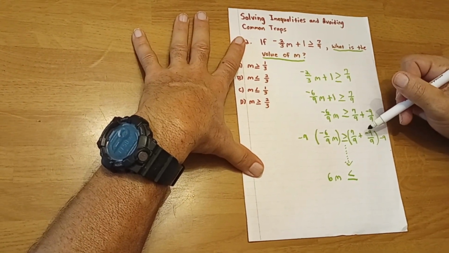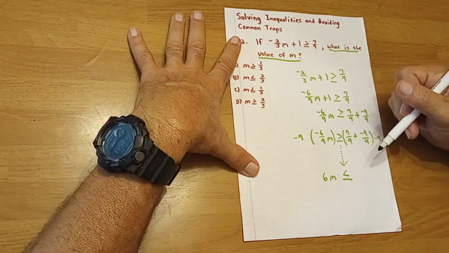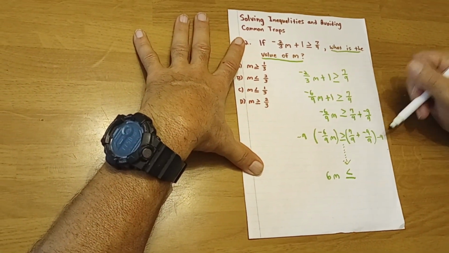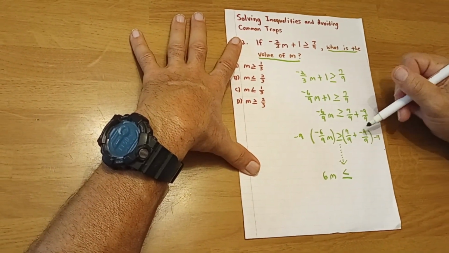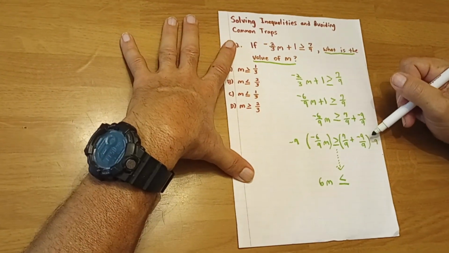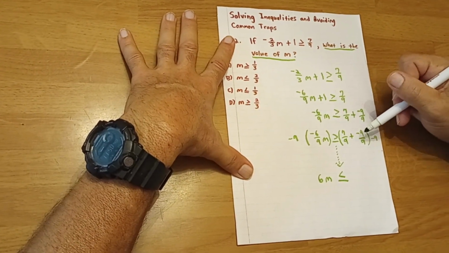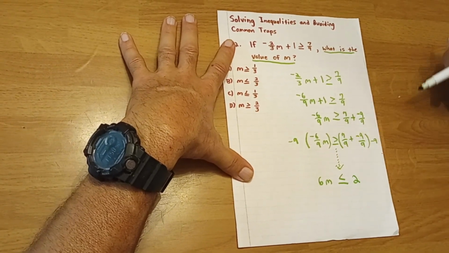And we're going to get here on the right-hand side, negative 2. I'm sorry, positive 2, my bad. We're multiplying by a negative number. So 7 ninths plus negative 9 ninths is negative 2 ninths, times negative 9 would be positive 2.